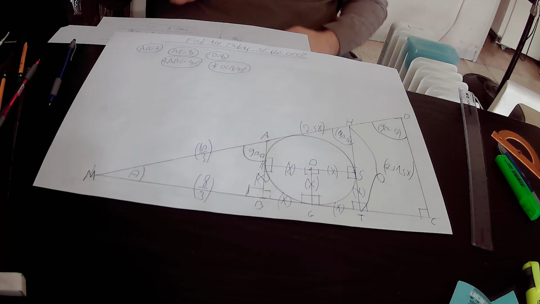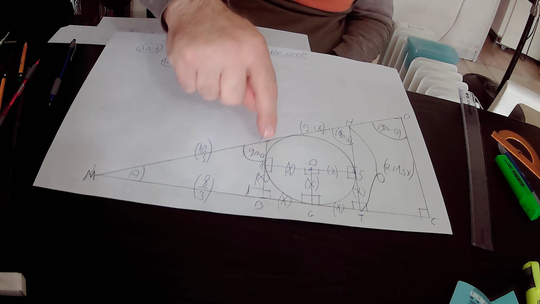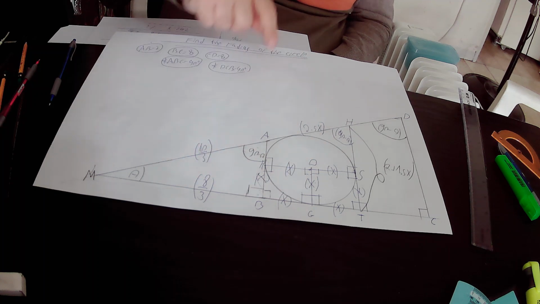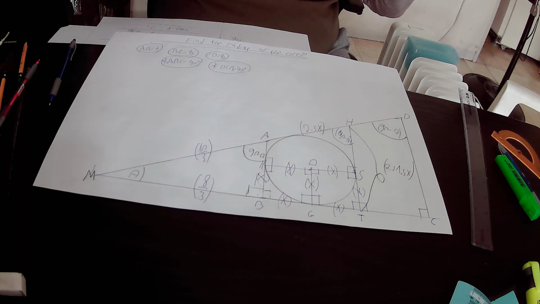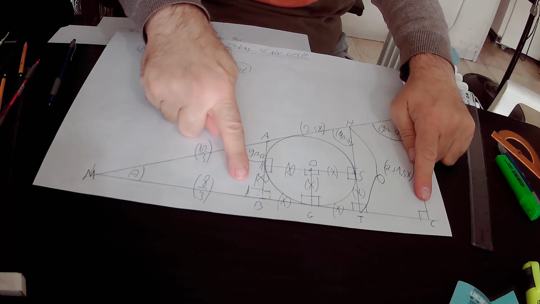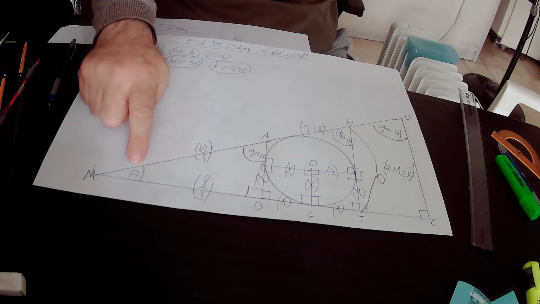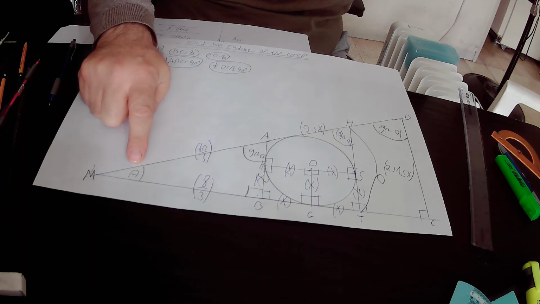Then we proved that the small right triangle ABM is similar to the big right triangle DCM. Why are those two triangles similar? First of all, those two angles are both equal to 90 degrees. In addition, this is angle theta, a common angle that belongs to both triangles, so angle theta equals itself.